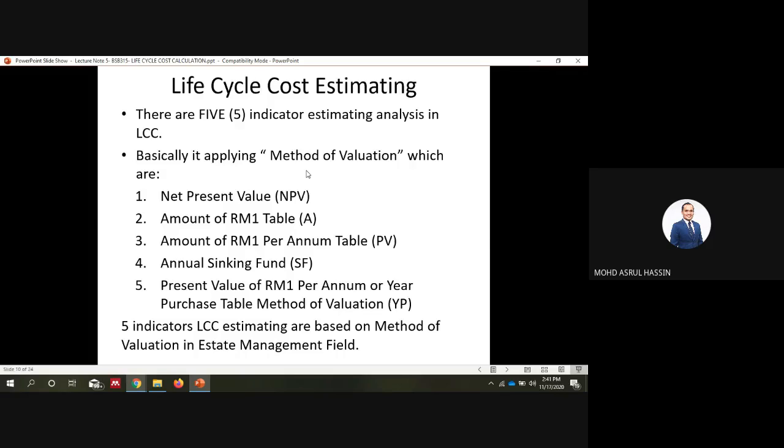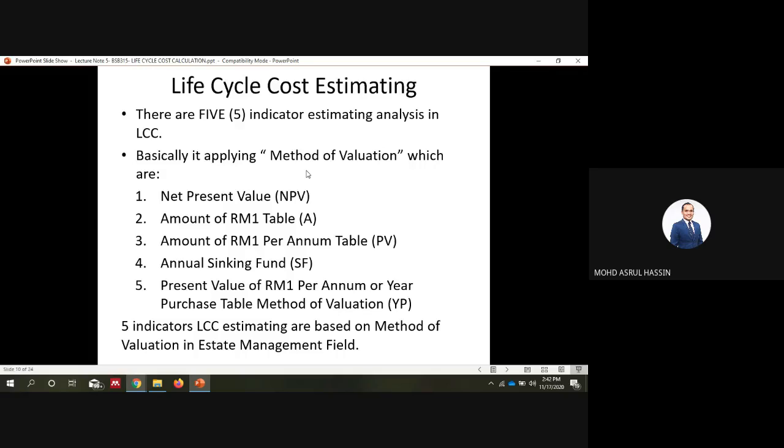This means that, for example, we save RM1 every year. So we can know, for the next 20 years, how much we can get if we have the interest, or dividend, we call that the dividend profit from the saving.